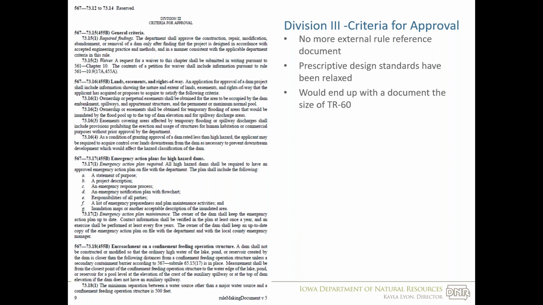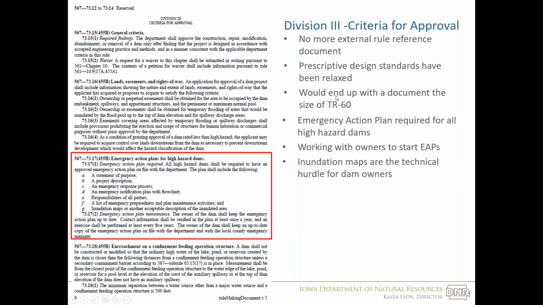So we decided we could either make it really specific and we would end up with a document basically that's TR-60, or we could make it more general. So our first addition to the rules is an emergency action plan that is required for all high hazard dams.